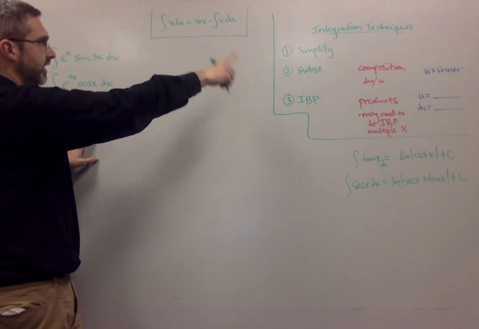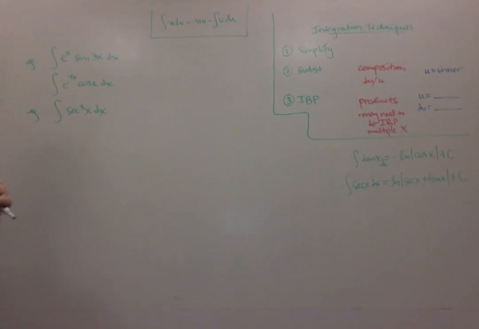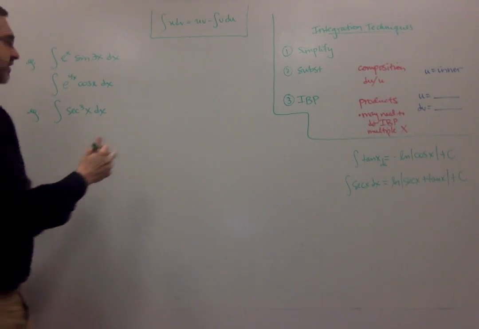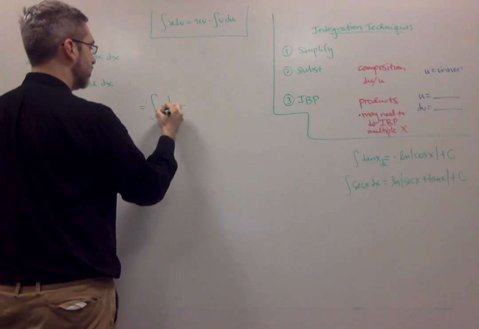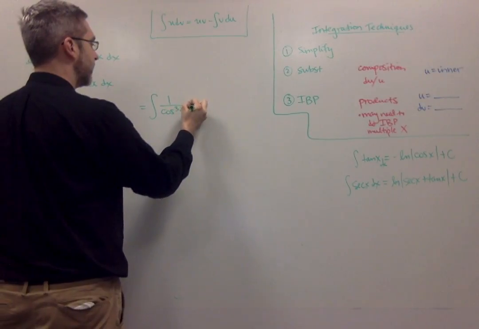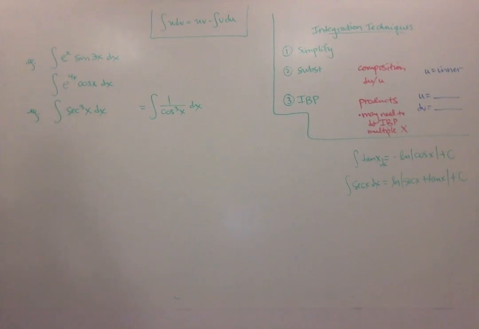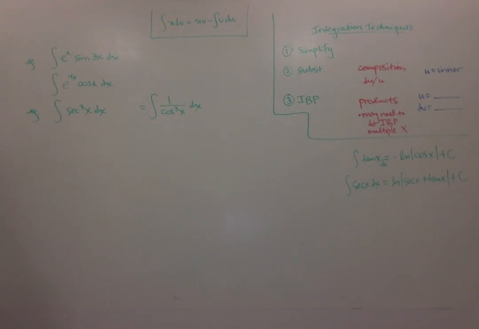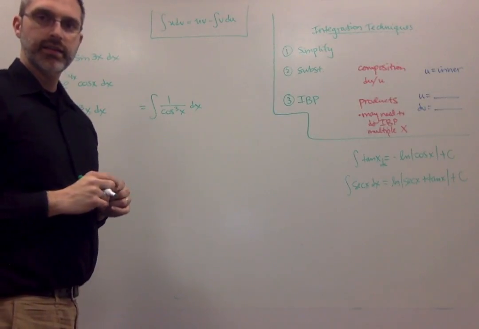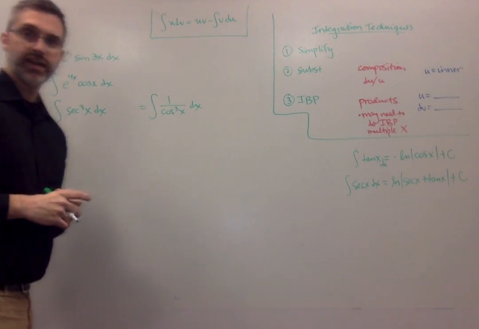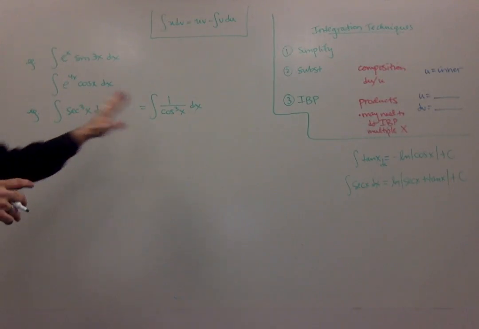So if you gave me this example, secant cubed, the first thing I would think about is, okay, is there a way for me to simplify? Well, secant is 1 over cosine, so maybe one way that I could simplify would be to make that 1 over cosine cubed, which might make me think of doing a substitution, but I don't see a sine, the derivative of cosine. I don't see that anywhere. So that's probably not going to work.